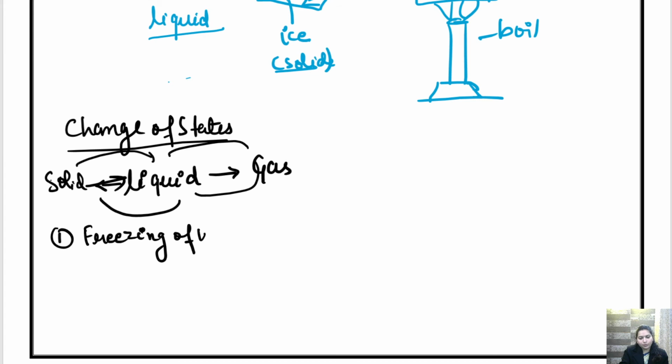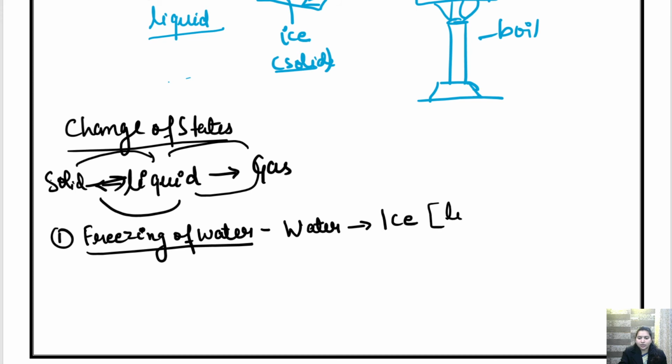Freezing of water. फ्रीजिंग का क्या मतलब होता है बेटा? फ्रीजिंग का मतलब होता है किसी चीज को ठंडा कर देना. ठीक, तो इफ वी हैव वाटर और हम उसको रेफ्रिजरेटर में रख दें तो क्या होगा? इट विल कन्वर्ट इनटू आइस. सो हियर स्टेट्स आर चेंजिंग. दैट इज लिक्विड is converting into solid.